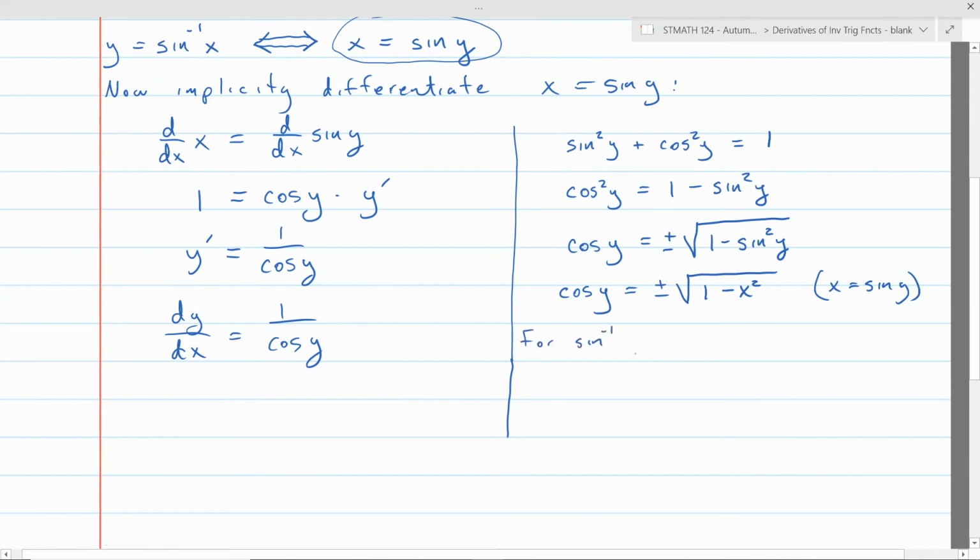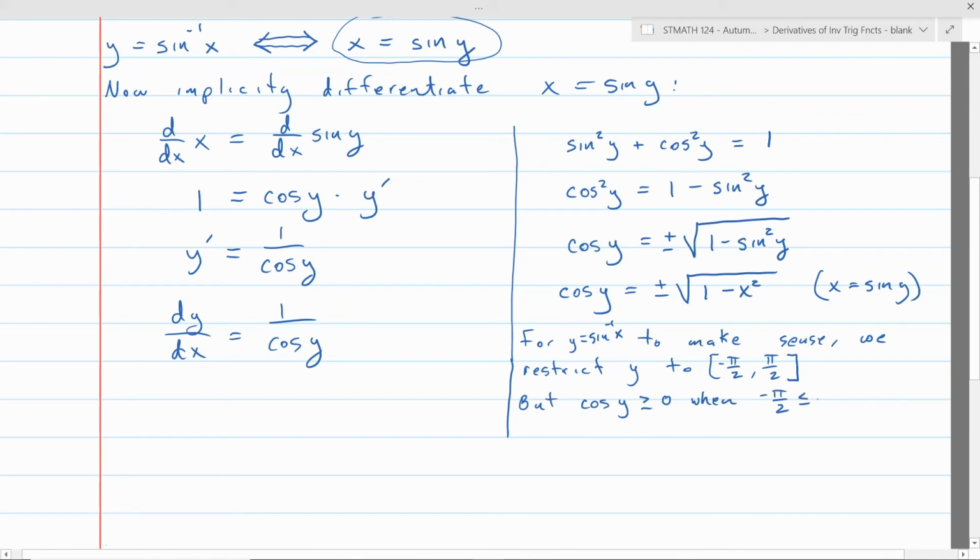For y equals sine inverse of x to make sense, we restrict y. For the sine inverse function, we have a restricted range of negative pi over 2 to positive pi over 2. But cosine of y is greater than or equal to 0 whenever y is between negative pi over 2 and positive pi over 2.